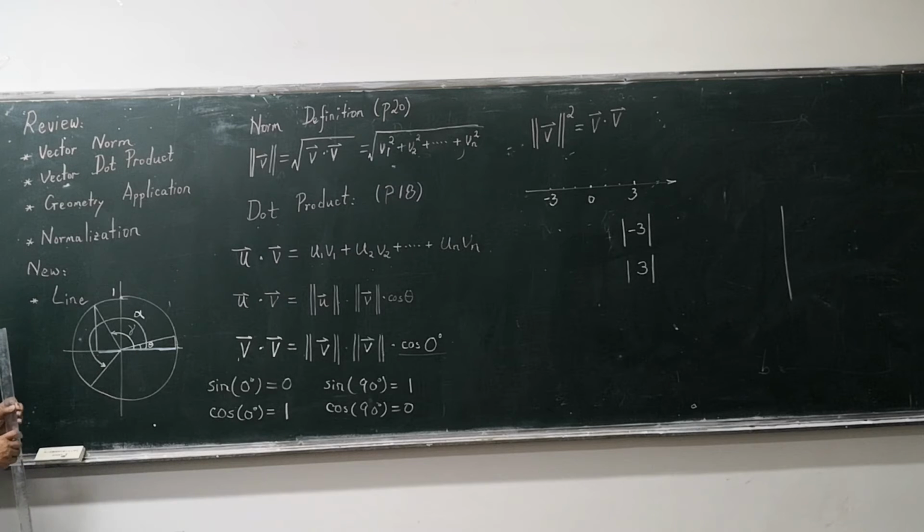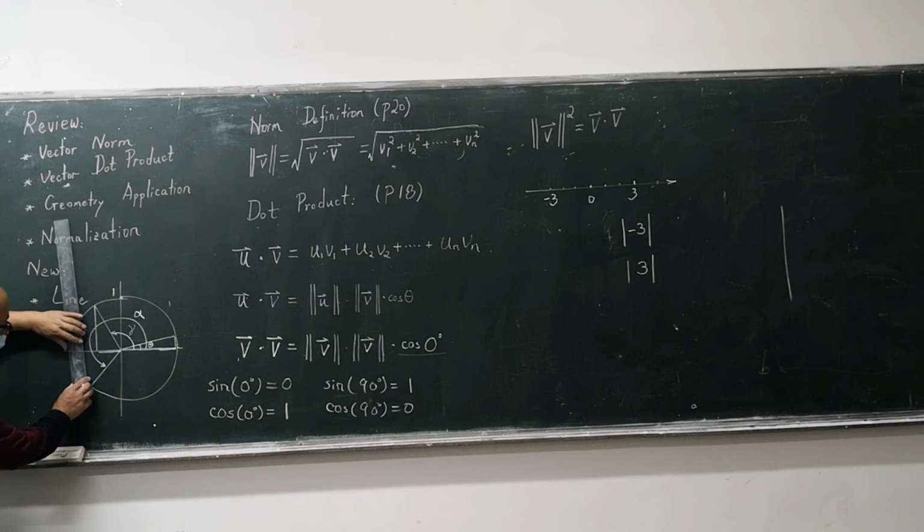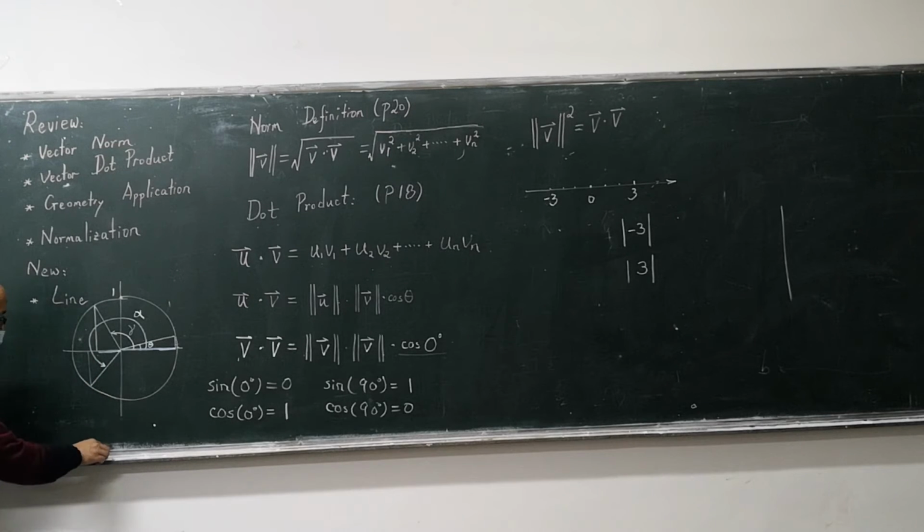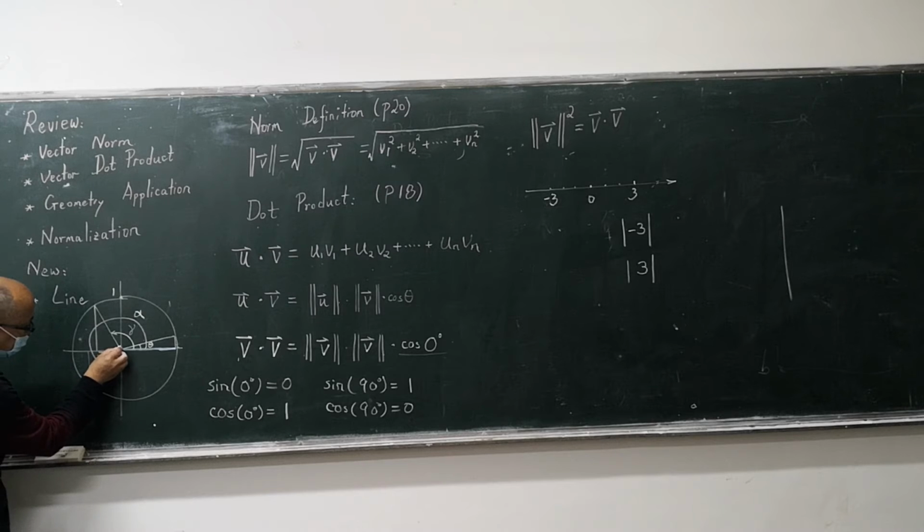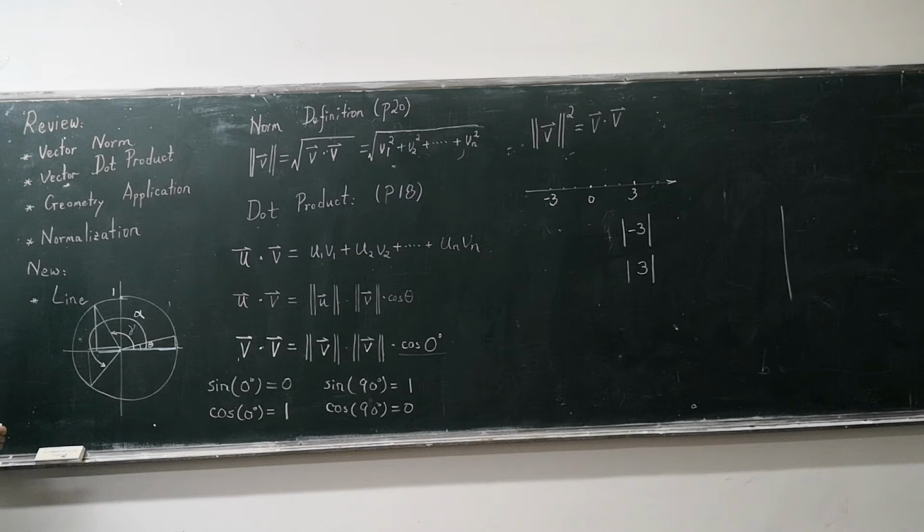Now it's in the third quadrant. How about cosine? Negative. Where is cosine alpha? Right side, is this part. So it's negative.